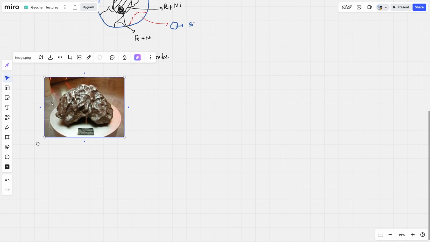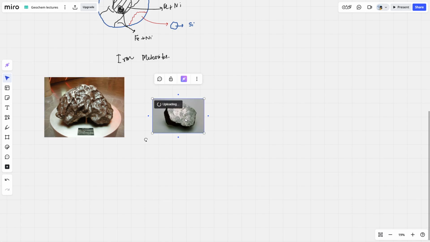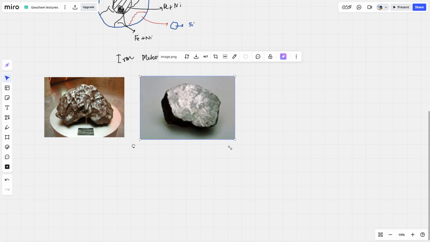So this is an iron meteorite. The second diagram I will show you. Again, this is an iron meteorite. Okay, so these two are both iron meteorites.